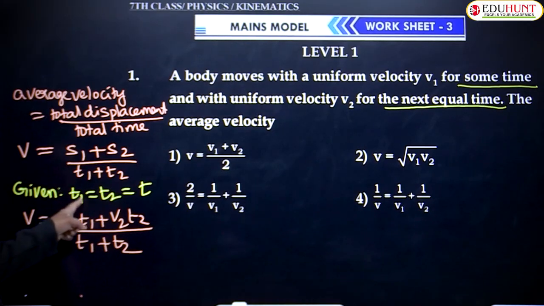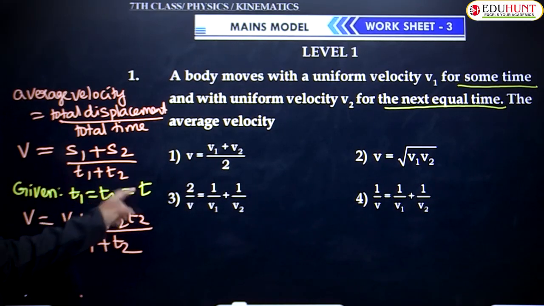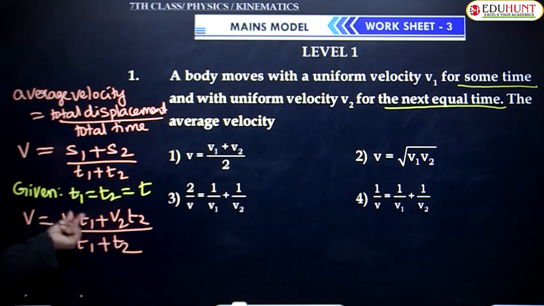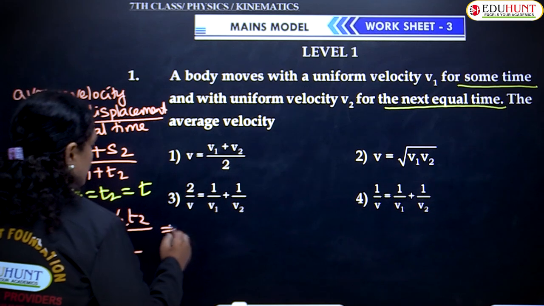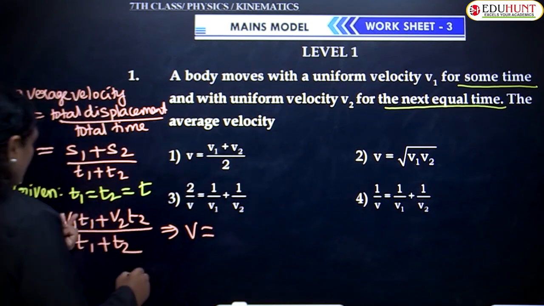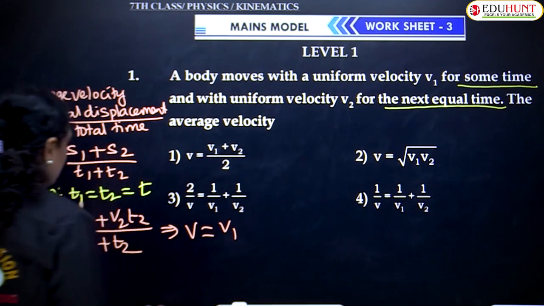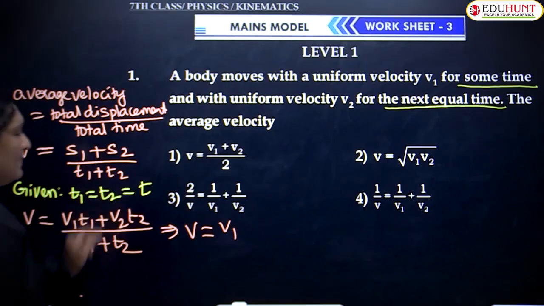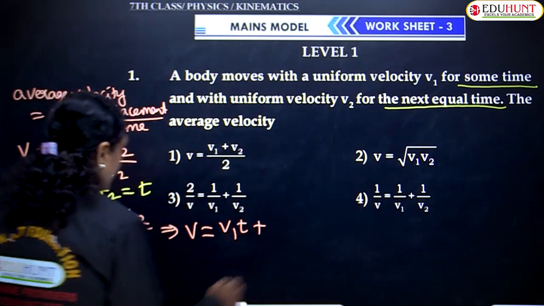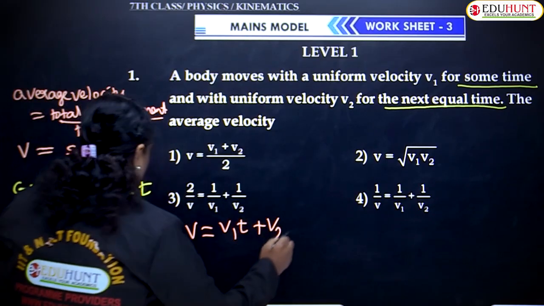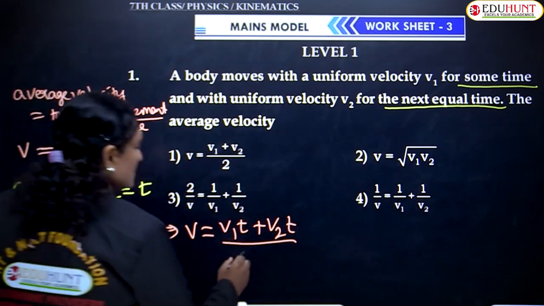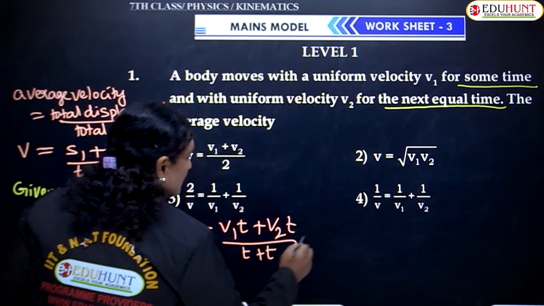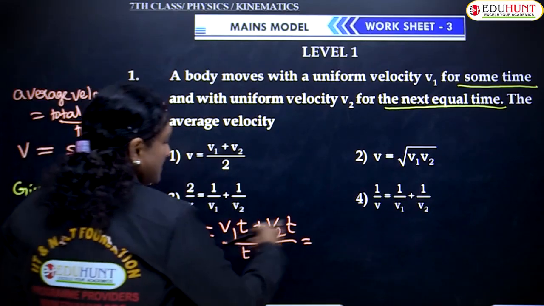But here what is given? T1 and T2 can be taken equal. So if you substitute T1 as T, T2 should also be replaced with T only. Then V is equal to V1 T plus V2 T upon T plus T. What is taken common?